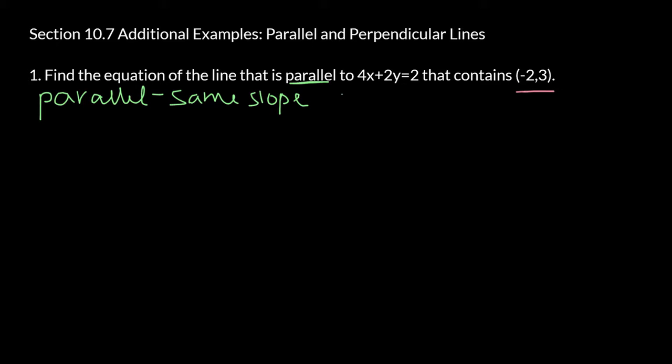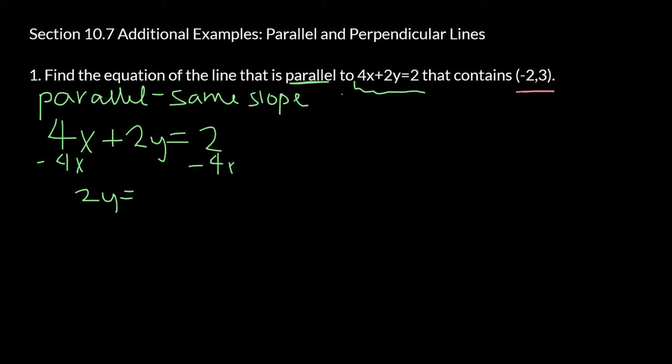Let's start with the parallel idea. So parallel to this line means same slope as that line. So let's find the slope of that line. 4x plus 2y equals 2. Subtract 4x from both sides. 2y equals negative 4x plus 2.